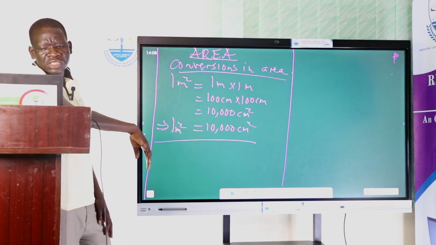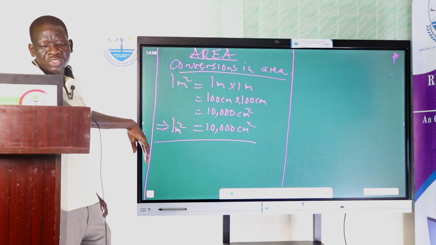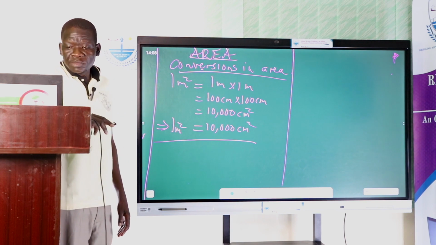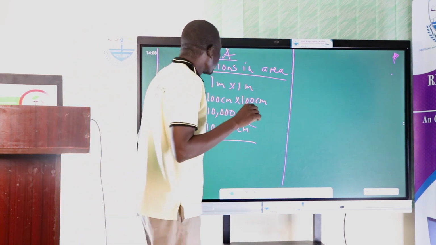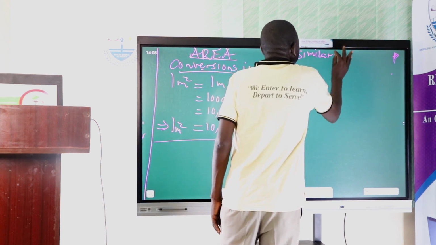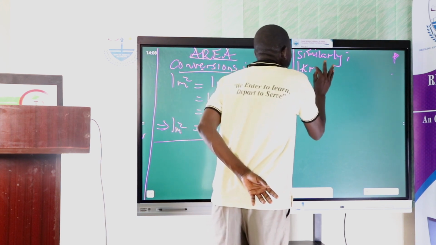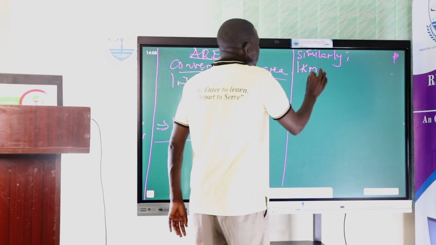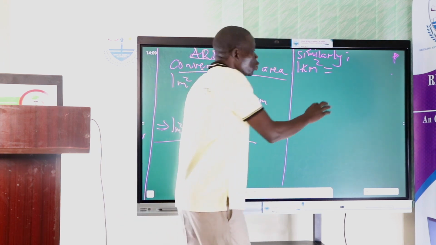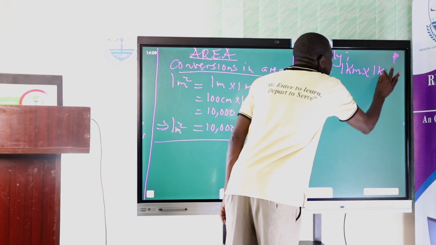We can also look at the relationship between a square kilometer and a square meter. Similarly, we find that 1 kilometer square is the same as 1 kilometer times another 1 kilometer.